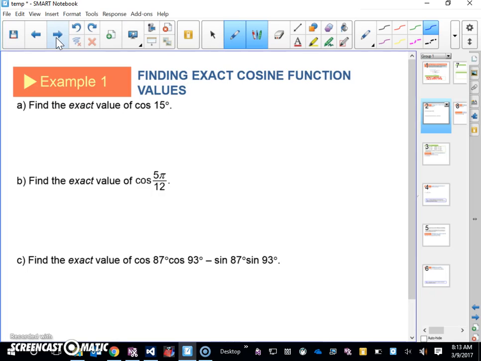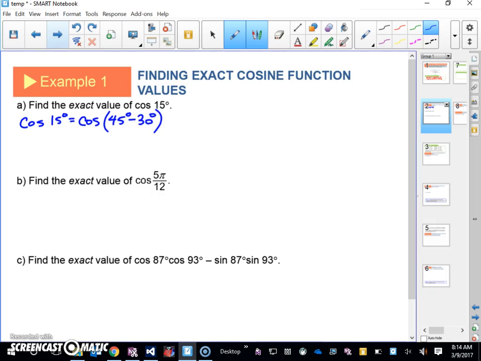So example 1, find the exact value of cosine 15 degrees. We've never been able to find the exact value of cosine 15 degrees before. We've been able to plug it into our calculator, but never to use the chart. Now we can, because we can change 15 degrees into a difference problem using angles that I know from the chart, 45 degrees minus 30 degrees.